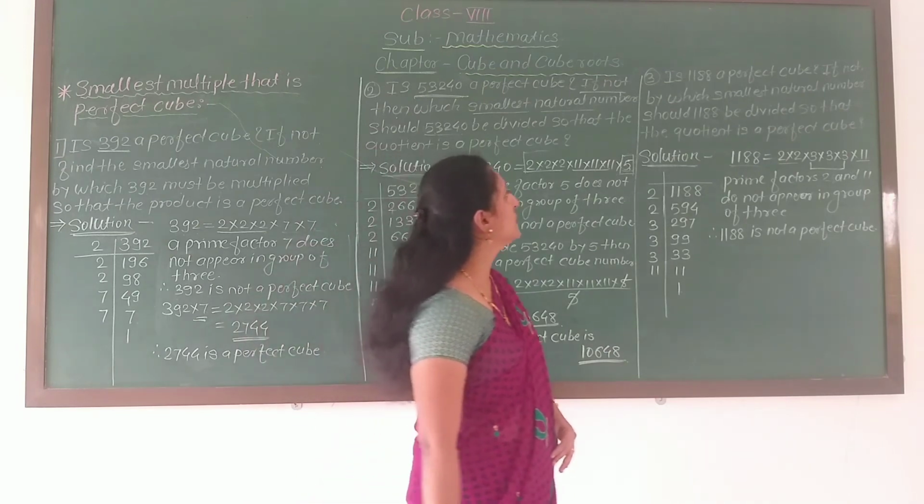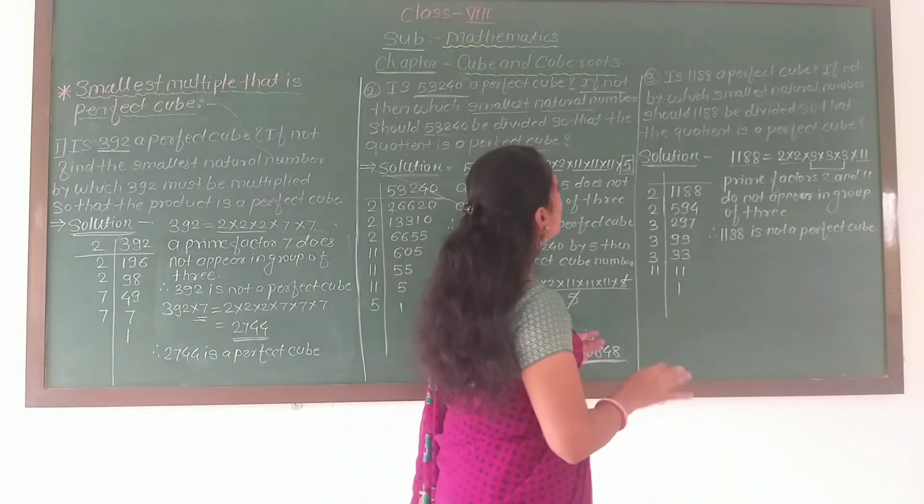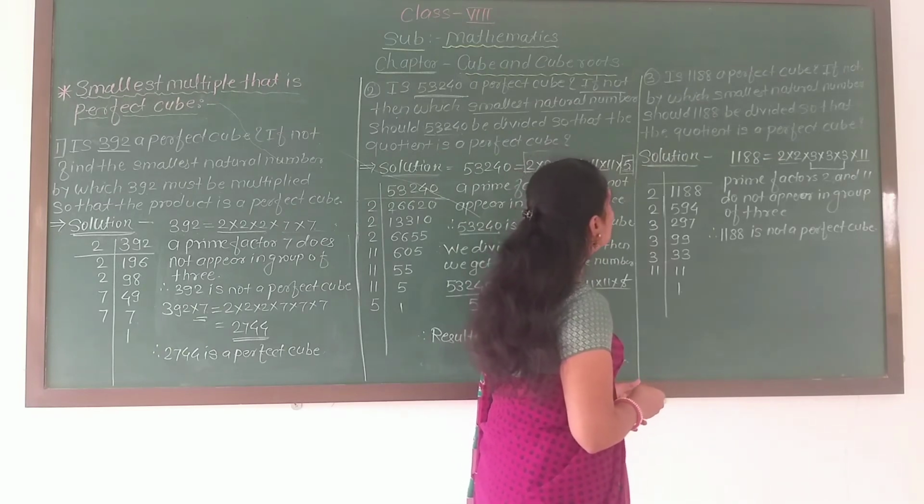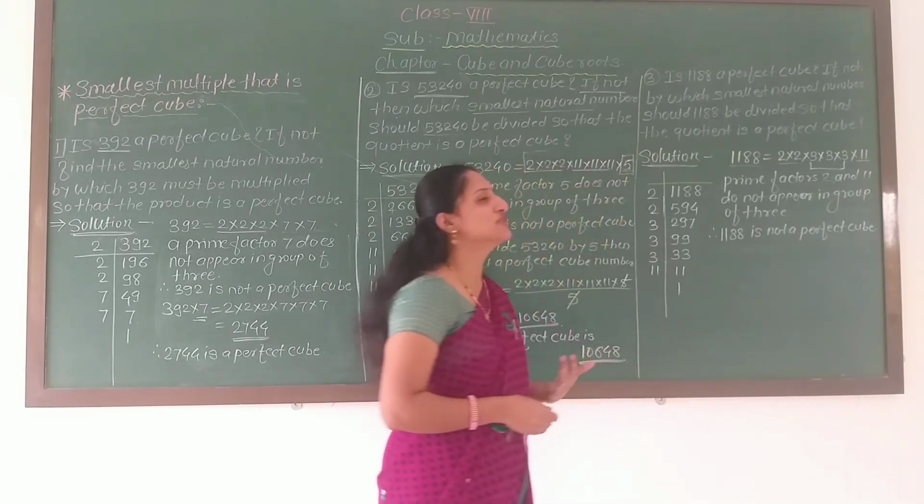What is our second question? If not, by which smallest natural number should 1188 be divided so that the quotient is a perfect cube?